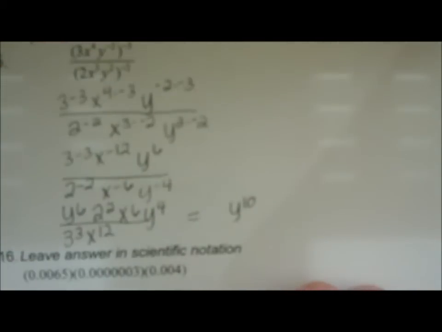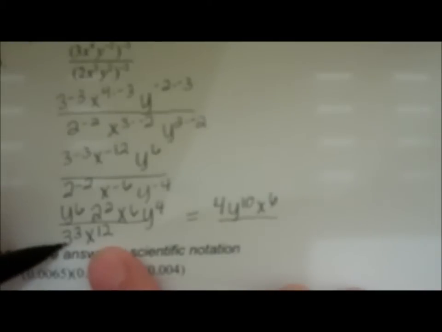I have a y to the 6 at the top and a y to the 4 at the top. That becomes y to the 10th when you add them. I have 2 times 2, which is 4. And I still have the x to the 6 at the top. Now down here I have 3 times 3 times 3, which is 27.